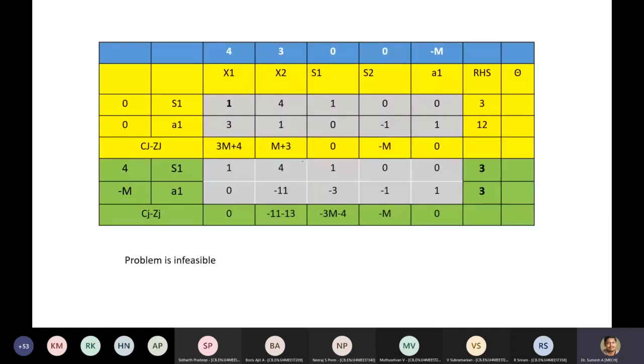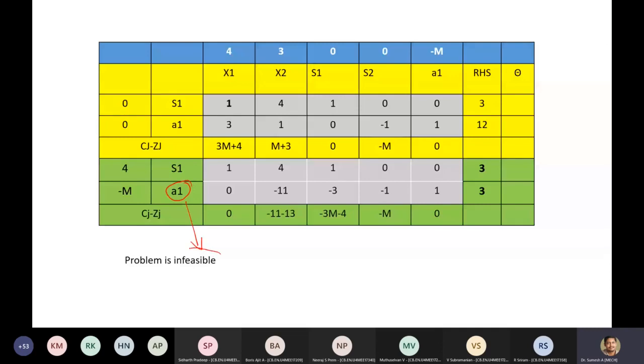If I take Zj minus Cj, all becomes positive; Cj minus Zj is negative. All becomes either 0 or negative, but still an artificial variable exists in the problem. In that case, the problem is infeasible.